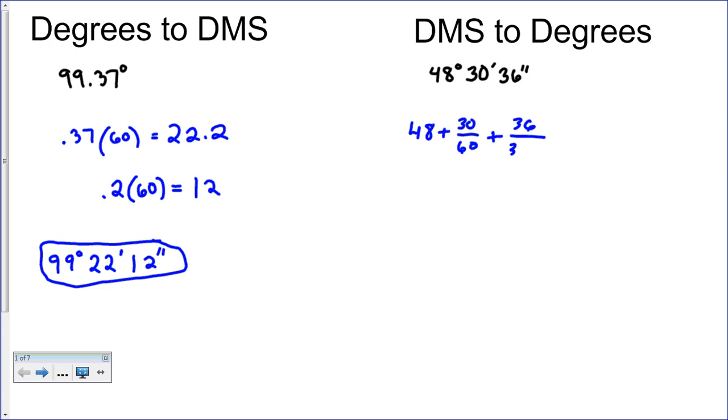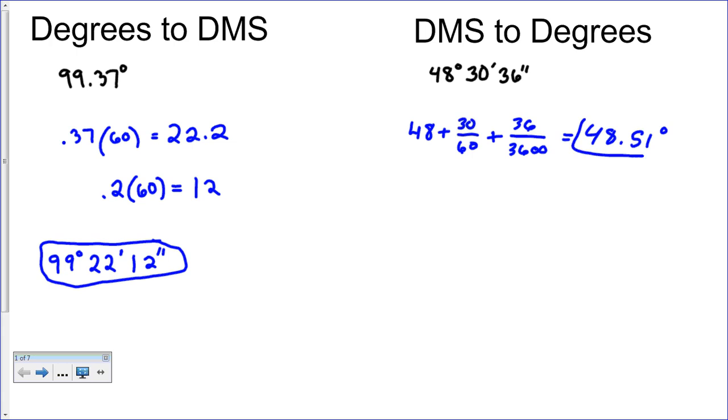Because we want to know what the comparison is to degrees. So that's why we have 60 for minutes and 3,600 for seconds. So I would add these together. I'm using my calculator to do that, although this one would probably be not too terrible to try to do without a calculator. And I get 48.51 degrees.